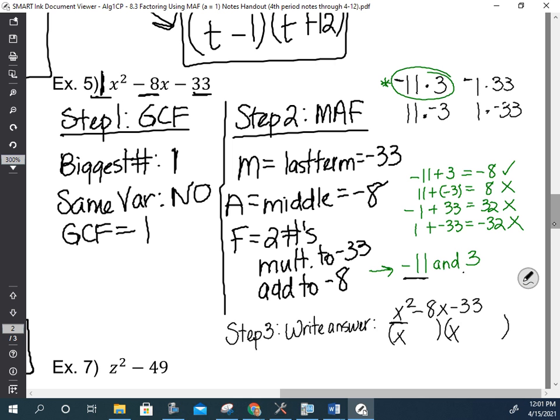The 2 numbers that you just got go next. So there's your factored form. It's not hard, you just gotta do a little work. Like I said, photo math can't do everything for you.